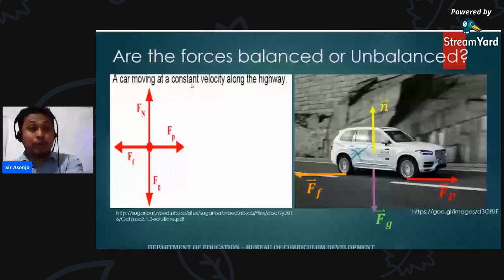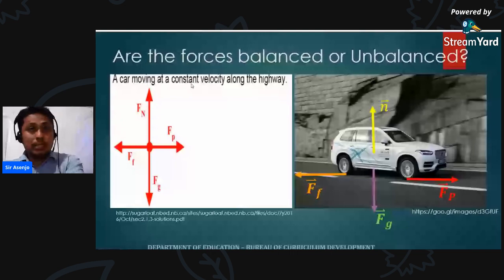Now, our next situation: a car accelerating to the right along the highway. What do you think is the force? Balanced or unbalanced? Based on the statement, it is accelerating to the right.